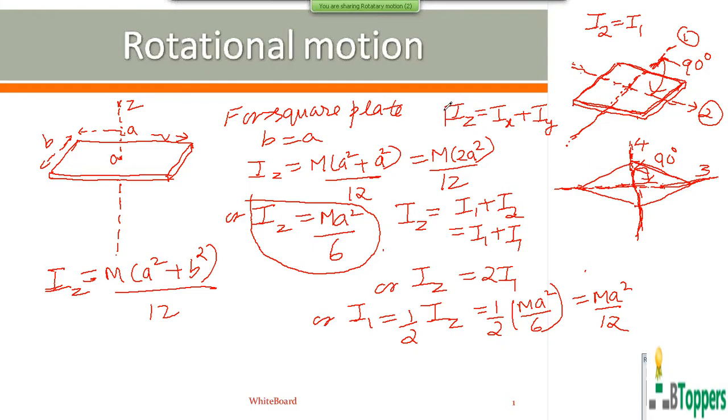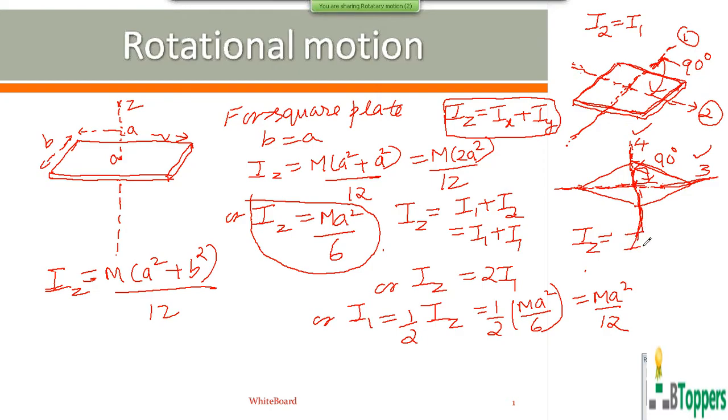Again, we can use the perpendicular axis theorem. The moment of inertia about the axis perpendicular to the plane of the square plate and passing through the center of the square plate can be written as sum of its moments of inertia about any two mutually perpendicular axes in the plane of the plate, intersecting at the center of the plate.